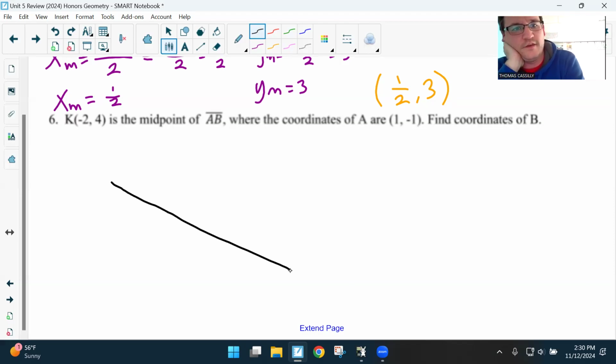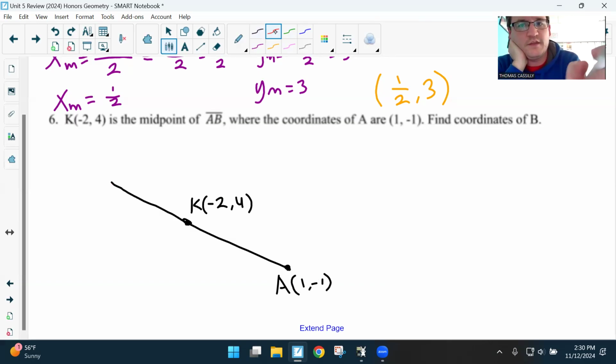This is point K. Point K, they're saying, is right in the middle, and this is at -2, 4. Now the other one is down here. This is point A, at 1, -1. They're saying, find the coordinate of B. What is B?